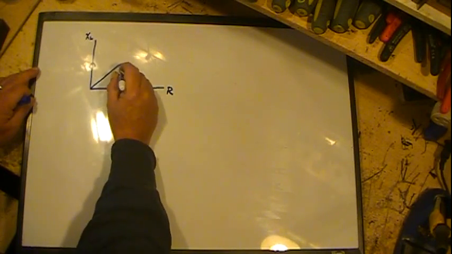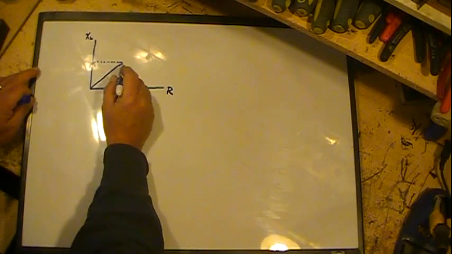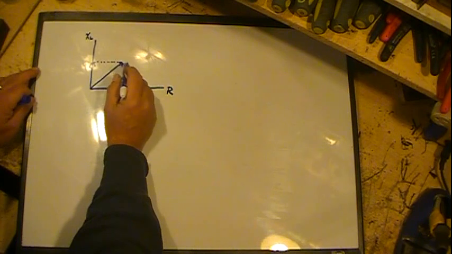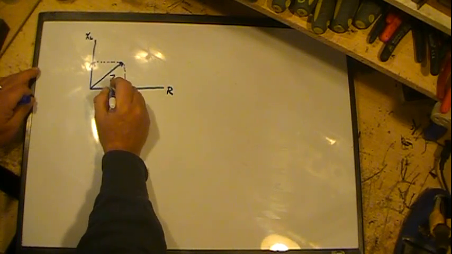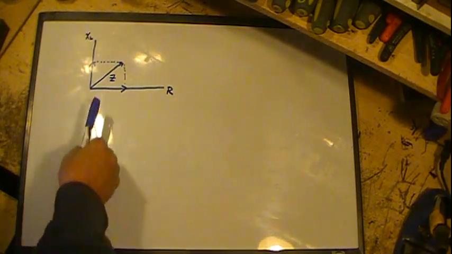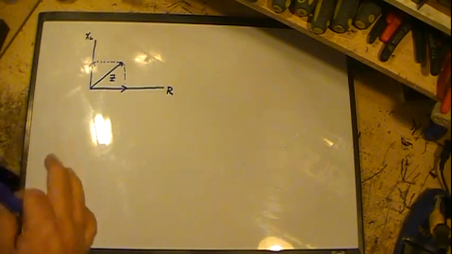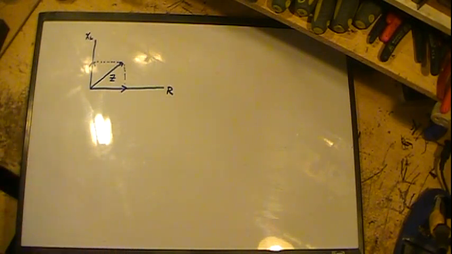It's a line that goes up and intersects a point that these two make. The symbol used for impedance is a Z. You always put a little line through it just to make sure you don't mistake it for a 2 or something else.